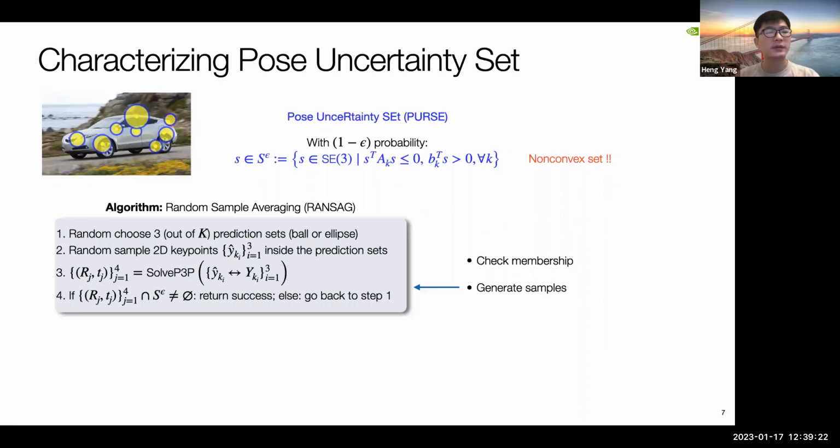And then I solve this P3P problem. In computer vision, there's a classical result saying that you only need 3 key points to get an absolute camera pose.